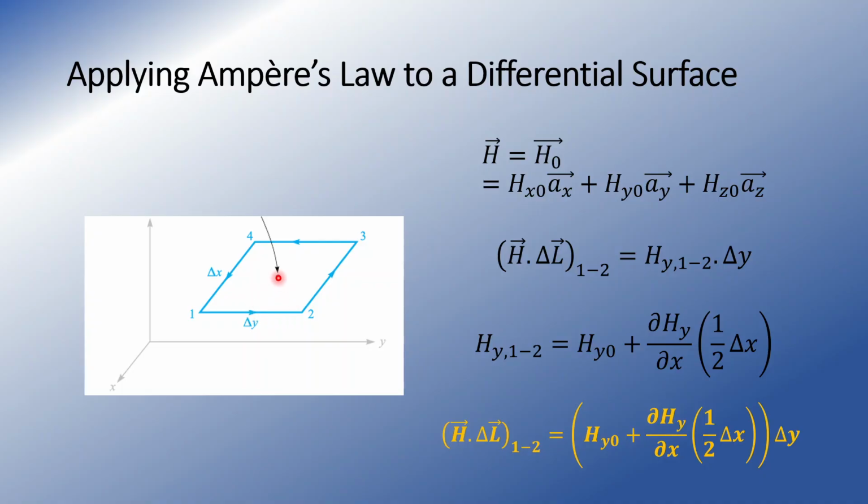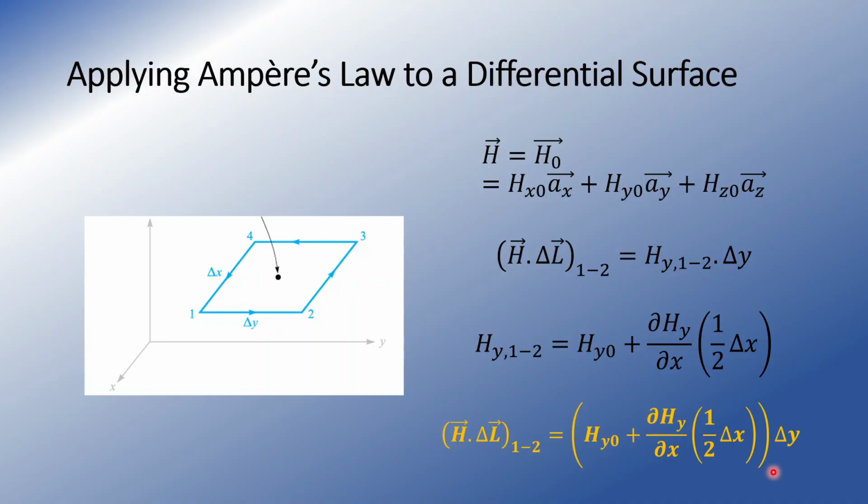So the rate of change will be dou by dou x, and we travel a distance of half times delta x. Why? Because for 1 to 4 the full distance is delta x, and from the center to 1 to 2 the distance is half times delta x. So H dot dl from 1 to 2 is given by the equation given here.